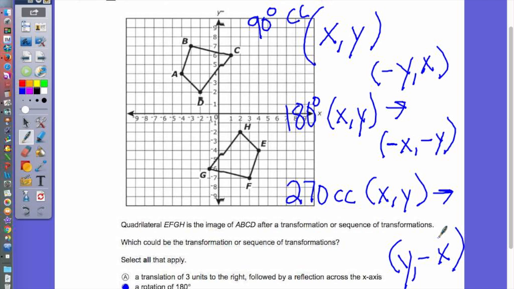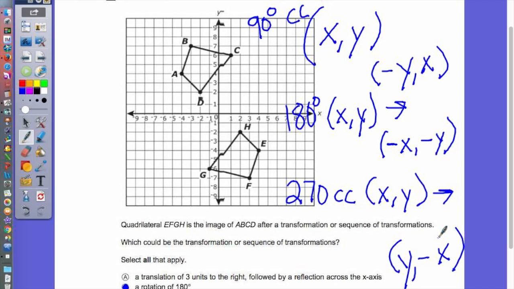And a 270-degree counterclockwise rotation became Y negative X.